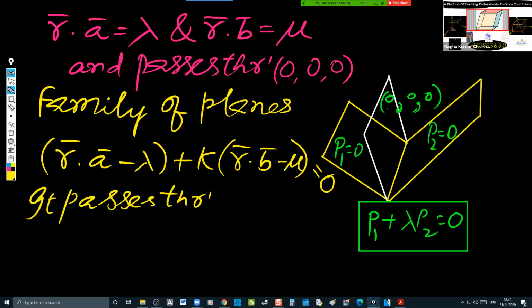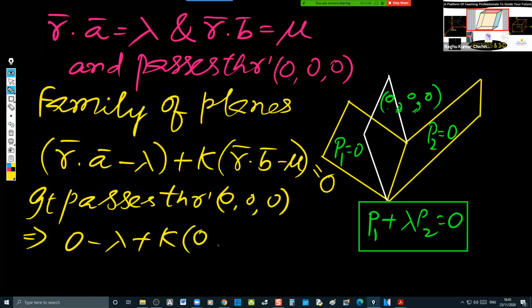Replace R bar with 0, 0, 0. This implies 0 minus lambda plus k into 0 minus mu is equal to 0, which implies that k is equal to lambda by mu. Substitute this k value in this one now.